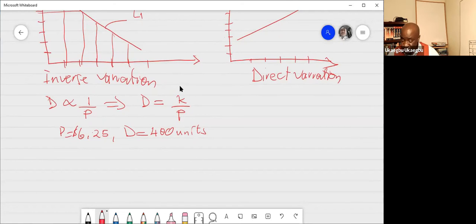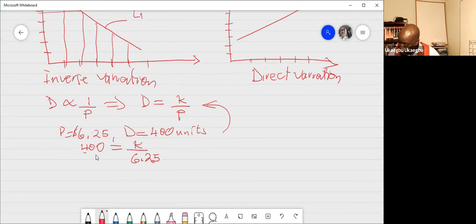All we need to do is plug the numbers into this equation. We say 400 units is equal to K over the price, which is $6.25.